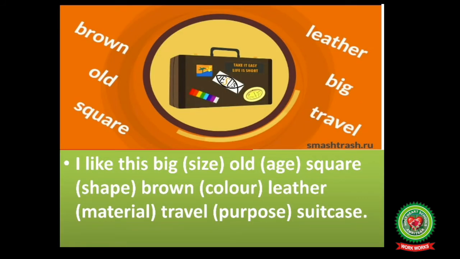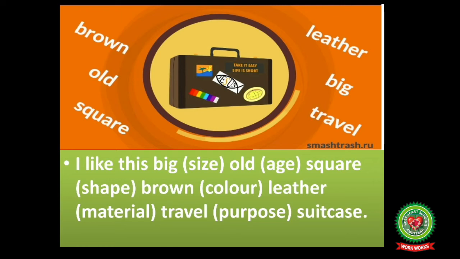Now students, let's understand more about the order of adjectives with these examples. Brown, old, square, leather, big, travel, suitcase. Now let's arrange these adjectives in the correct order by following the acronym DOSA's COMP. I like this. Big.